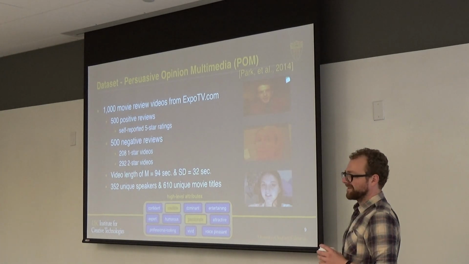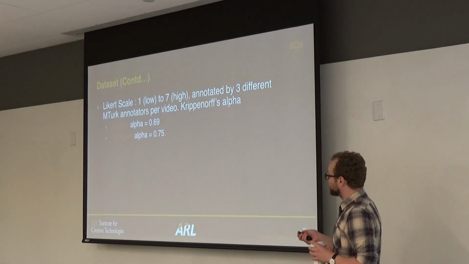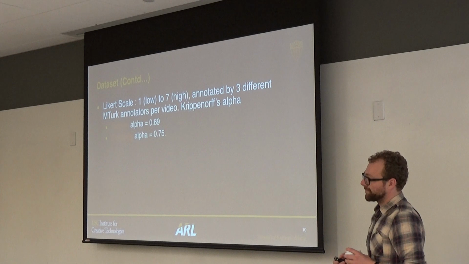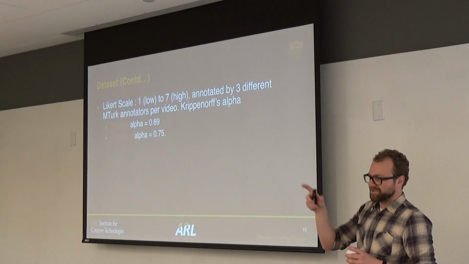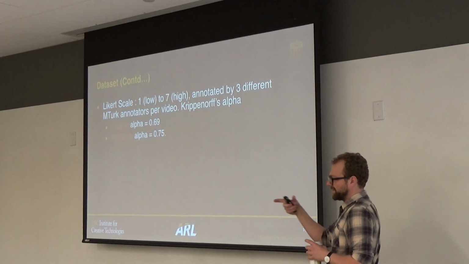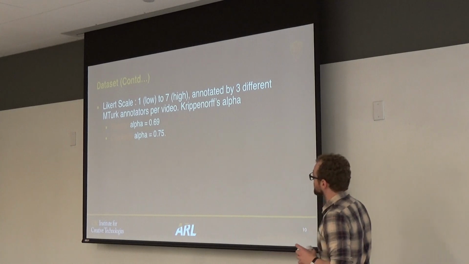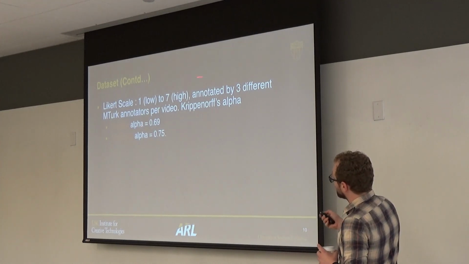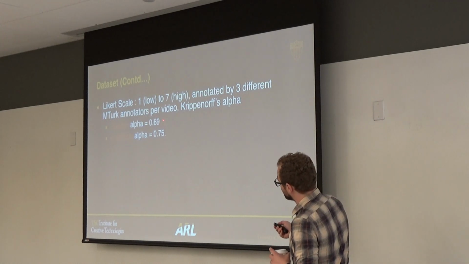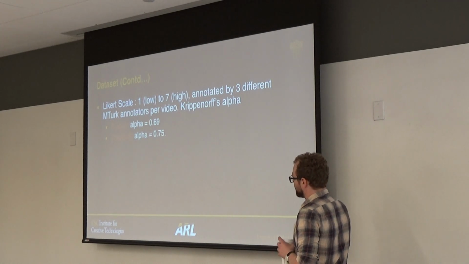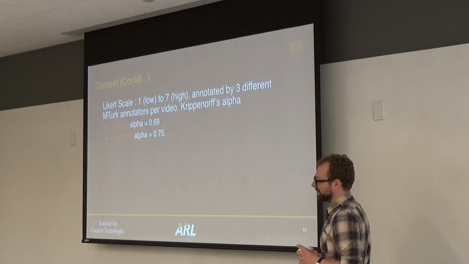All of these speaker traits were annotated on the Likert scale by Mechanical Turkers, and we wanted to know if they are in agreement with each other. We found that for passion, they are in agreement with a Krippendorff's alpha of 0.69, and a little bit better for credibility.